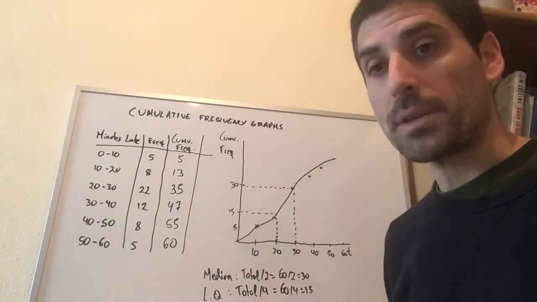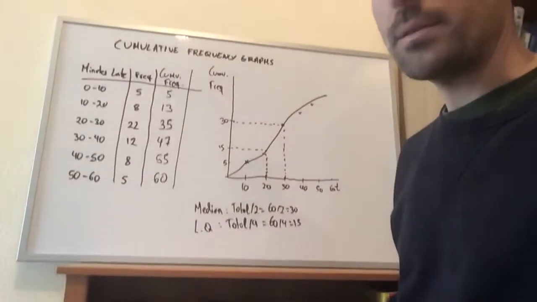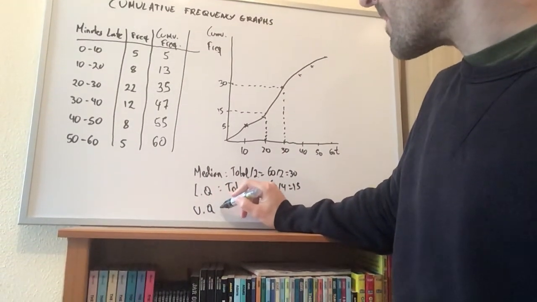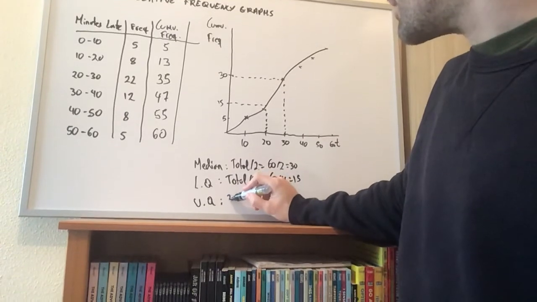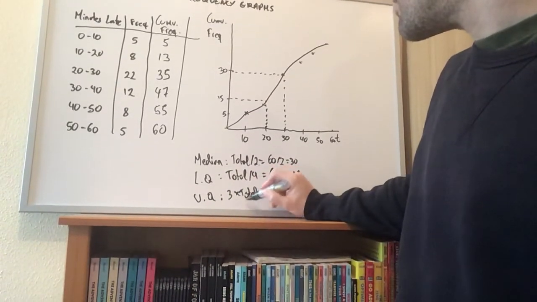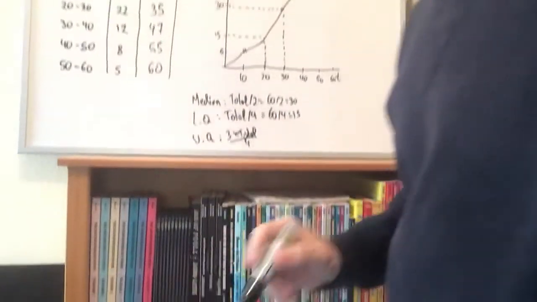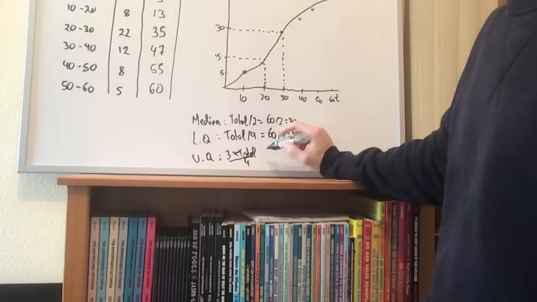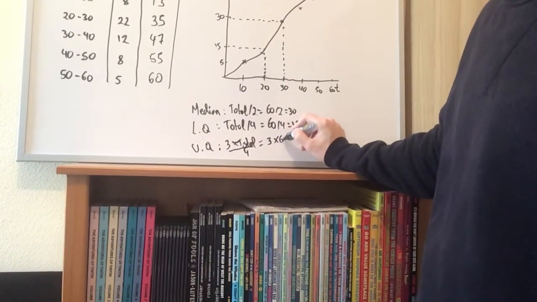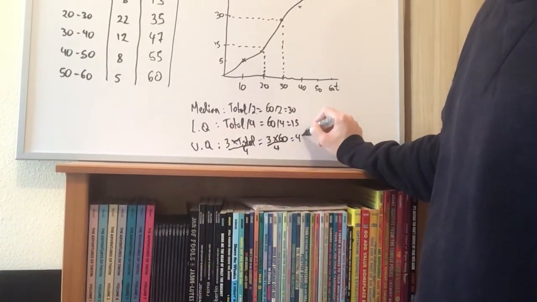And the upper quartile is going to be 3/4 of the total, so the upper quartile is 3 times the total divided by 4. Sorry for the handwriting. 3 times the total divided by 4 is going to be 3 times 60 divided by 4, 45.